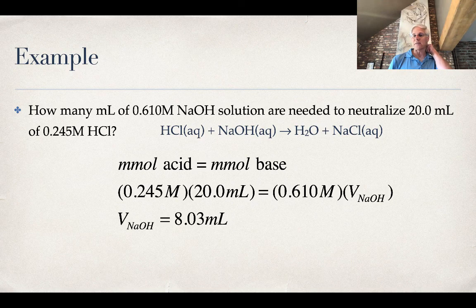We know that at the equivalence point, or for neutralization, the millimoles of the acid are equal to the millimoles of the base. You may not have heard that term before, a millimole. We can get moles by multiplying the molarity times the volume in liters. Well, we can get millimoles by taking the molarity and multiplying by the volume in milliliters. And so you're getting thousandths of moles.